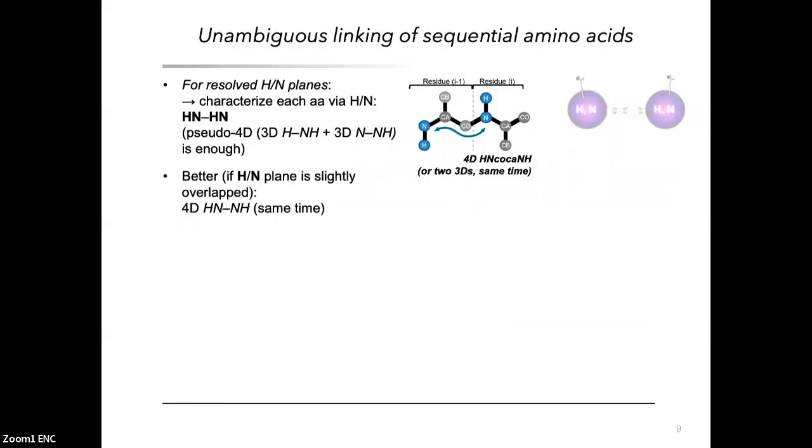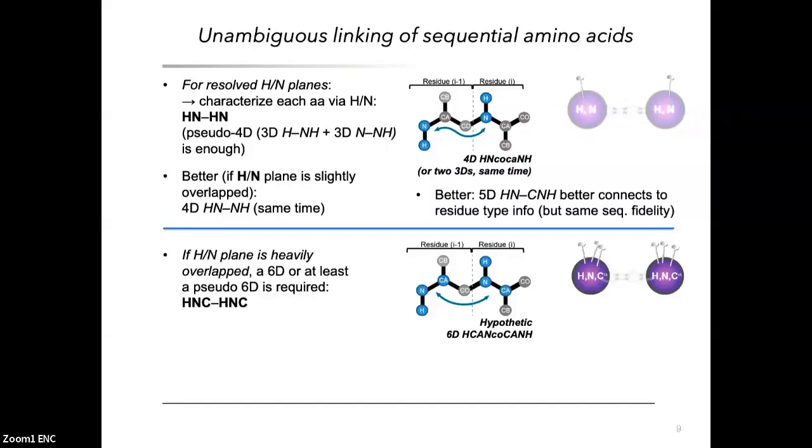If we do have some ambiguity in the HN plane, then a real 4D would be better, or as I just said, the 5D is even better because it also gives us the possibility to link this with sidechain-type or residue-type experiments. However, if we have lots and lots of overlap in the HN plane, what we would ideally want is something that identifies one residue with H, N, and C alpha shifts, and at the same time identifies the next residue with H, N, and C alpha shifts, because only then, if the HNCA is resolved, do we get an unambiguous linkage.